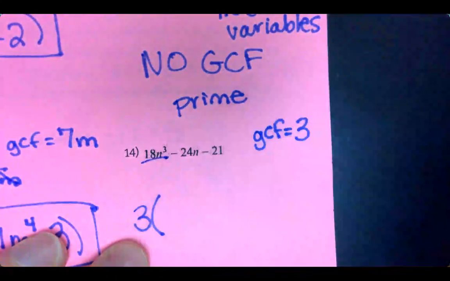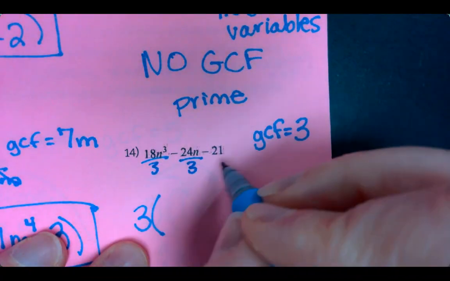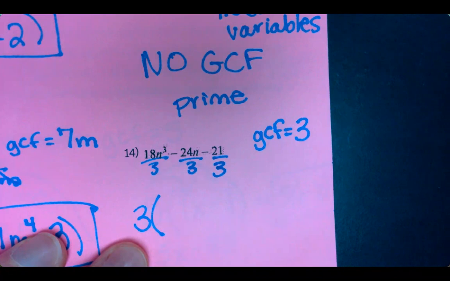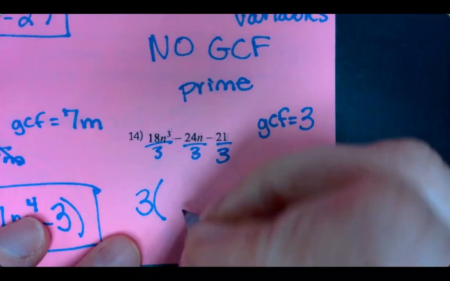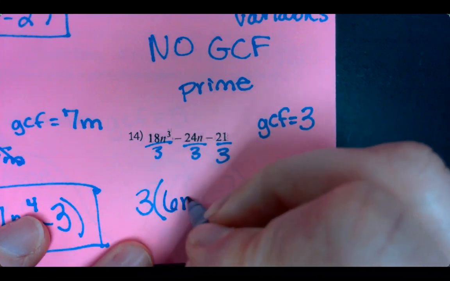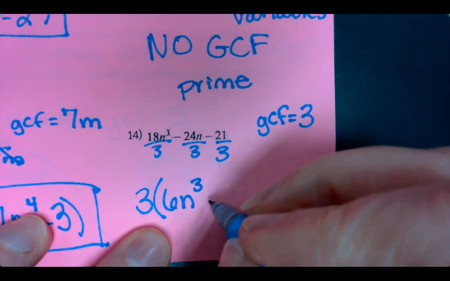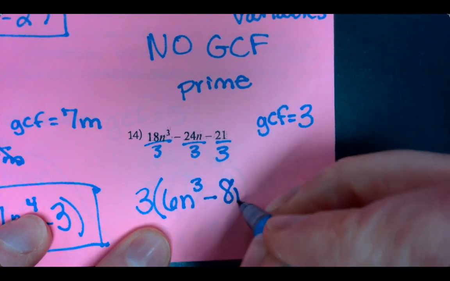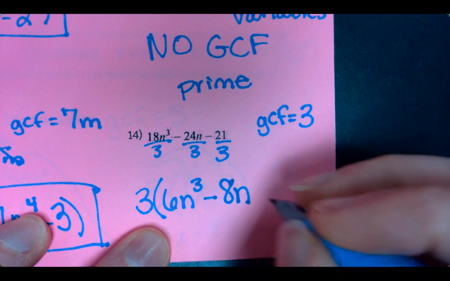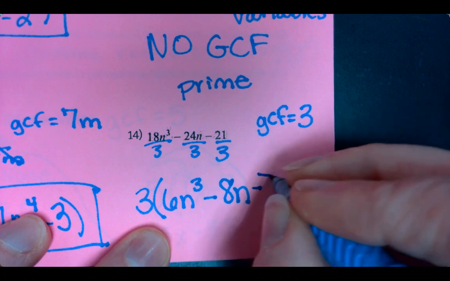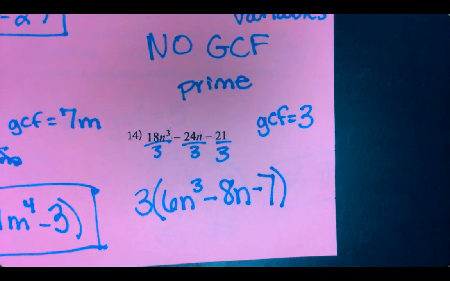So I divide everything by 3. 18 divided by 3 is 6. Negative 24 divided by 3 is 8. And negative 21 divided by 3 is 7. So these don't have anything in common anymore.